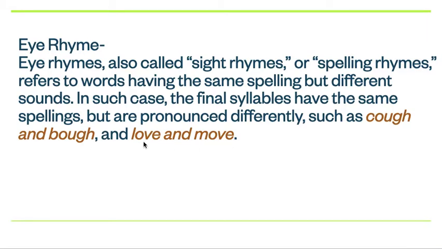Here we have the letters OVE, but the pronunciation is different. Here OUGH, but the pronunciation is different. So it seems identical to our eyes, but in pronunciation it is not identical or similar. So we have only eye rhyme, not true or perfect rhyme.